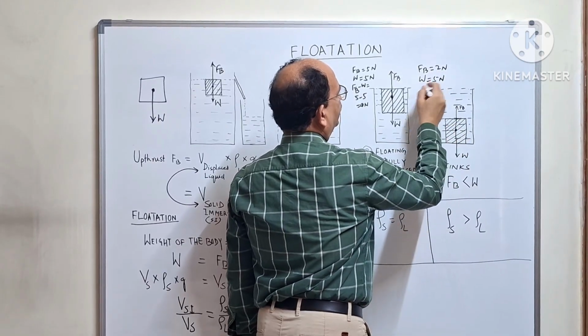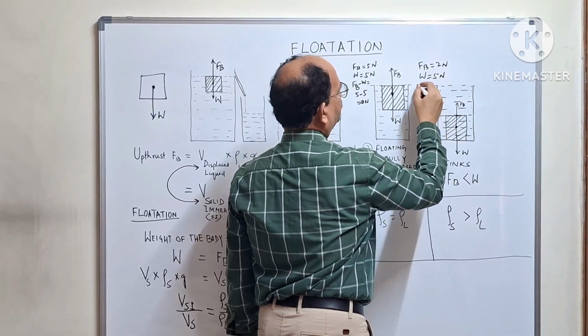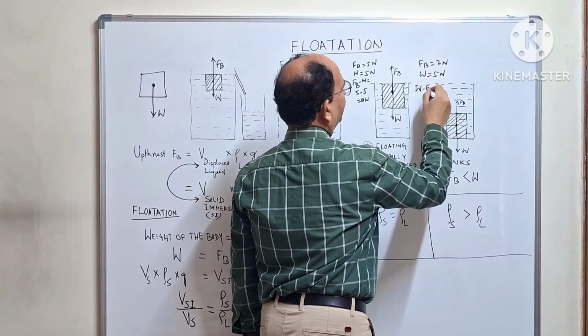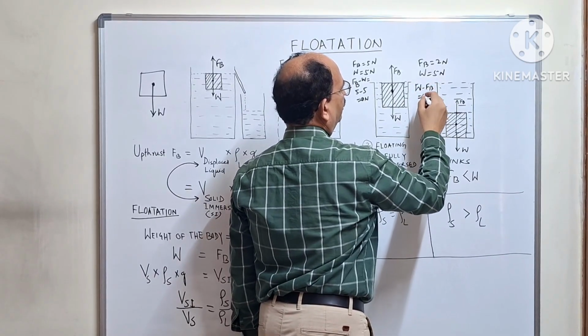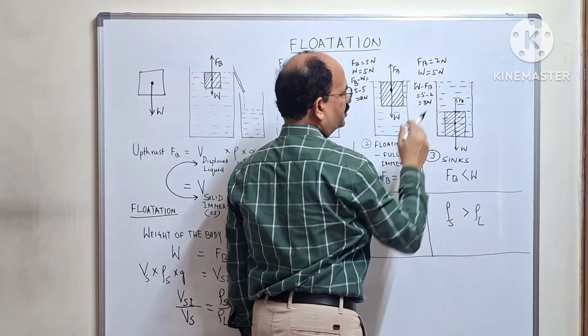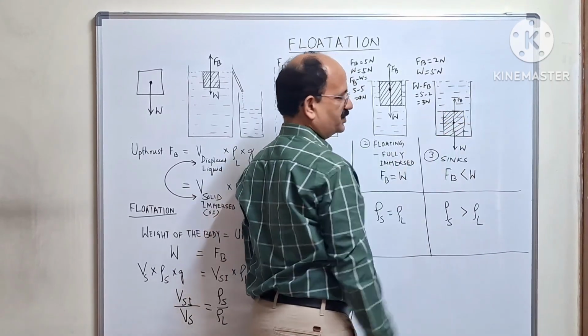So, the net force acting on the body will be working in the downward direction, and that will be W minus FB, which will be equal to 5 minus 2, which is 3 Newton. And this 3 Newton is working in the downward direction, so this body sinks.